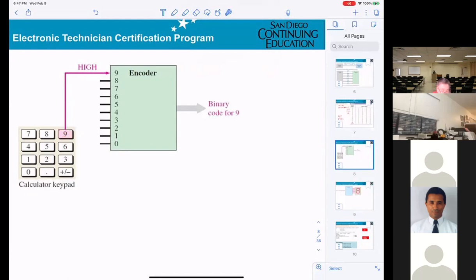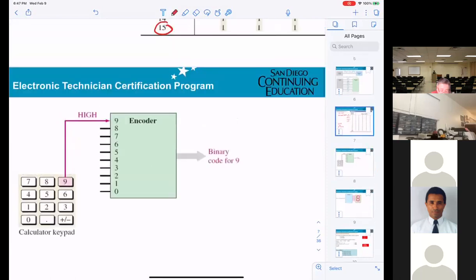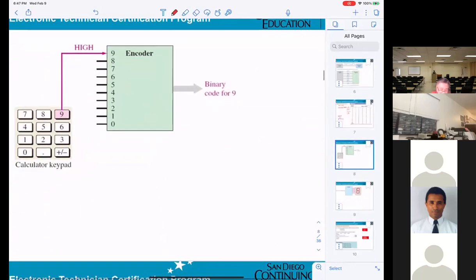When the number 9 inside your keyboard, you get this IC. Number 9 will be converting to 1, 0, 0, 1. That means binary. The thing is, computer cannot understand number 9. They understand 1, 0, 0, 1.